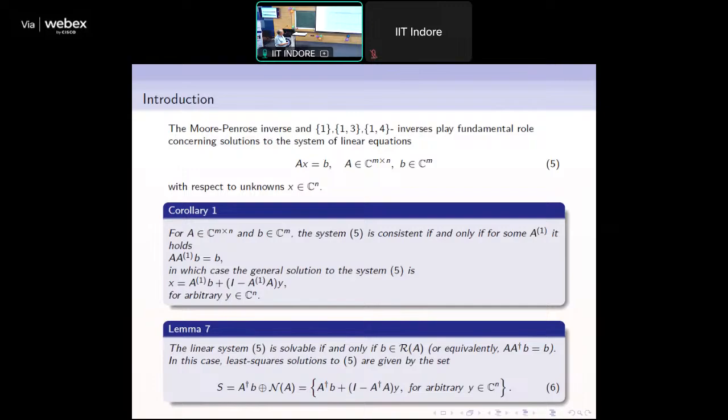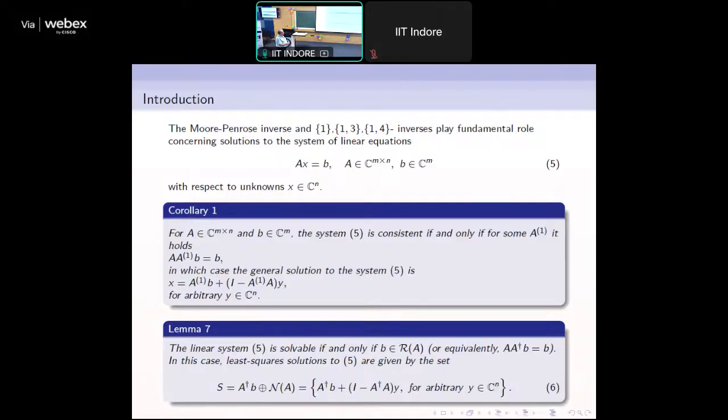If we want to solve a system of linear equations, we can consider this as a particular case of the linear matrix equation AXB equals D. Then such a system has a solution if this condition is satisfied, A1 B equals B, for an arbitrary inner inverse. The best choice is, of course, Moore-Penrose inverse.